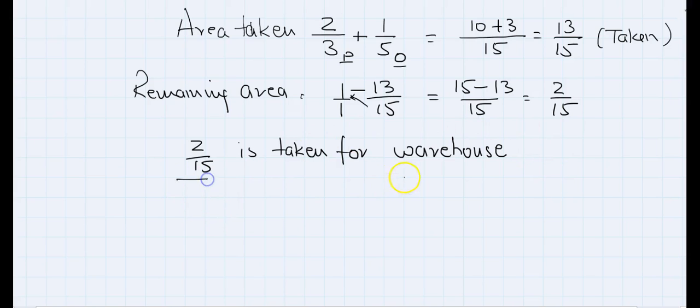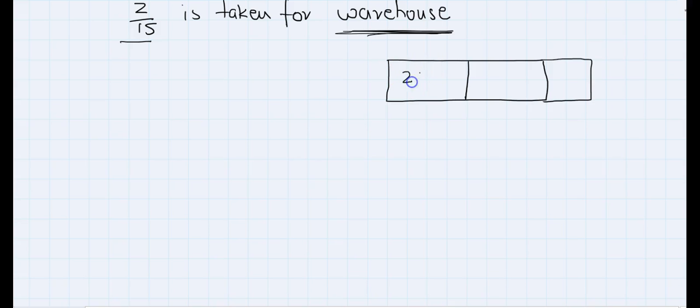Now this is going to let us know the area of the total plot. So now our question is that 2/3 is taken by the production unit, 1/5 is taken by the office, and 2/15 is taken by the warehouse, which is equivalent to 200 meters square.